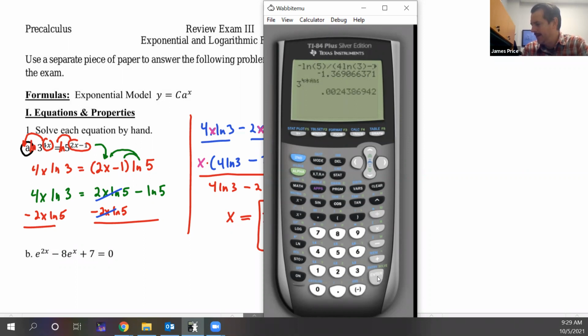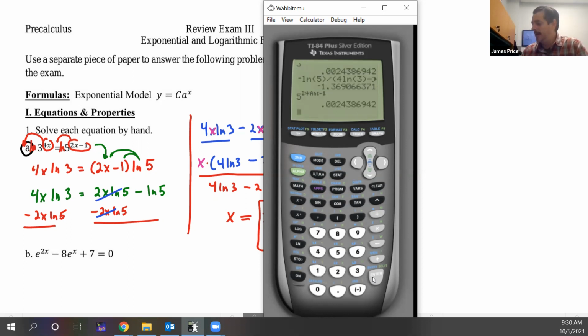You get that number out. And then we want to plug it into the right-hand side. So to do that, you can pull up the last entry. If you hit it twice, it gets to the second entry. So there's that number again. And hopefully we get 0.0024, blah, blah, blah when we plug it into here. So let's check it. 5 raised to the 2 times that answer, and then minus 1 up there in the exponent. And we see the answers are exactly the same.